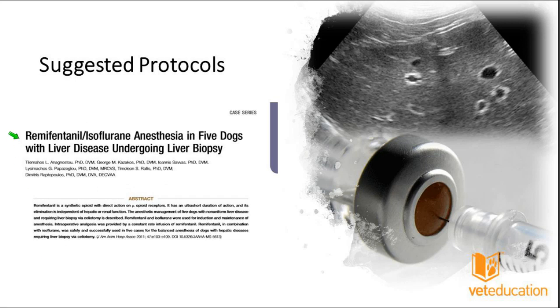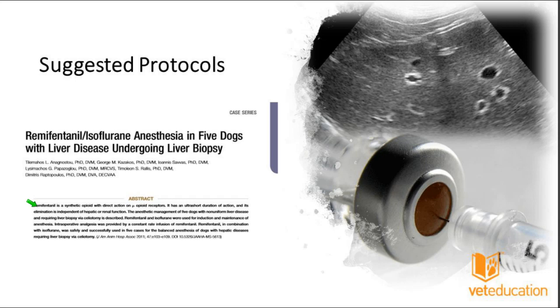This protocol using remifentanil and isoflurane has been demonstrated in a study looking at 5 dogs with liver disease undergoing liver biopsy, and they found that they had really nice anesthesia. One of the things they did notice was that they sometimes needed to turn the isoflurane concentration up to 1.5 to 2%, and subsequently the blood pressure did fall in those patients.